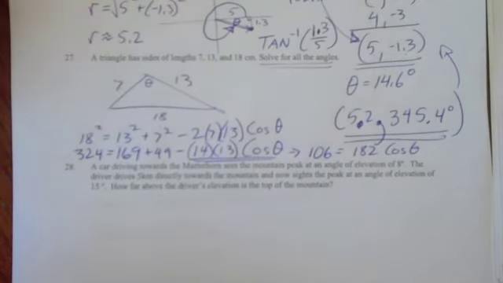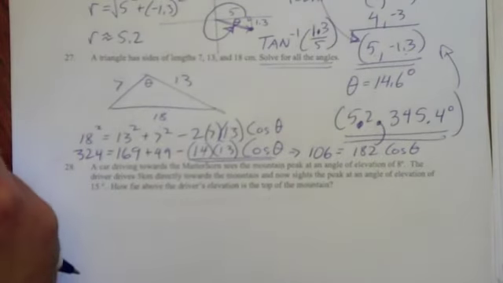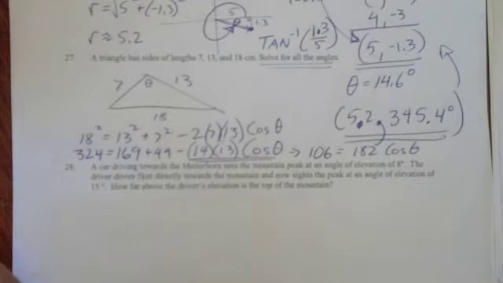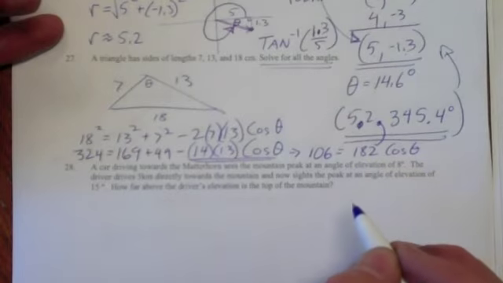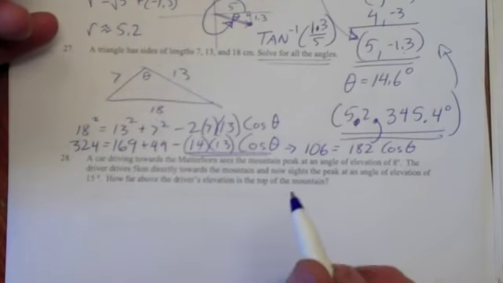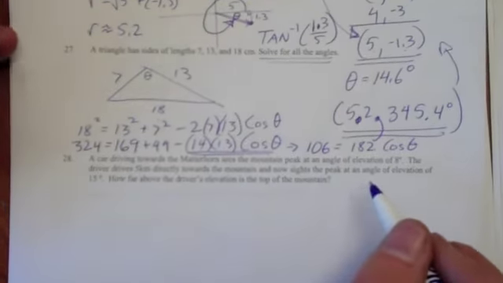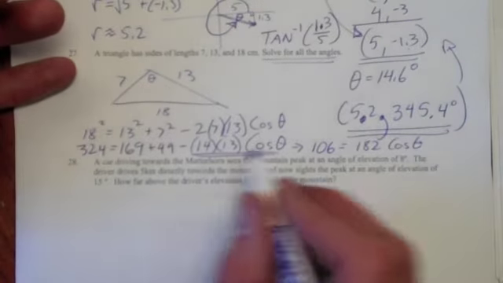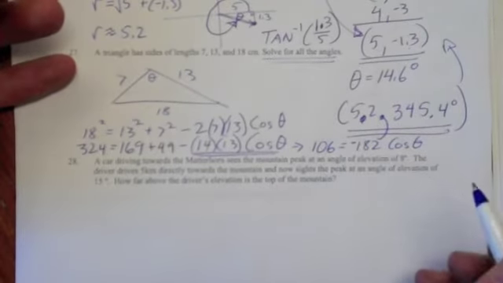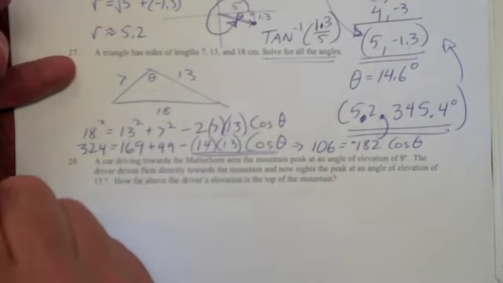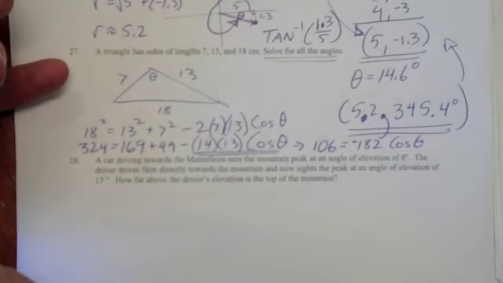Well, if I take 106 and divide it by 182, I get 0.58. And that is a negative. By the way, that's a negative. So I'm going to times that by -1 quickly.